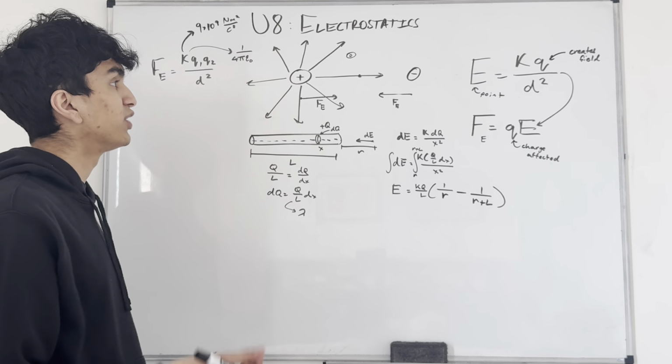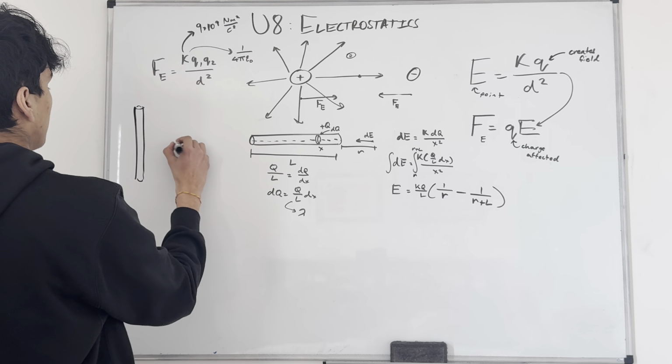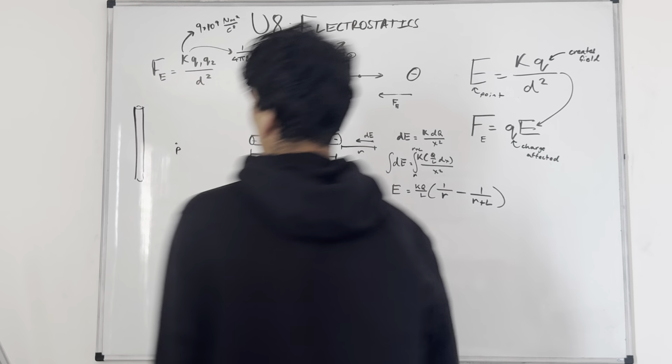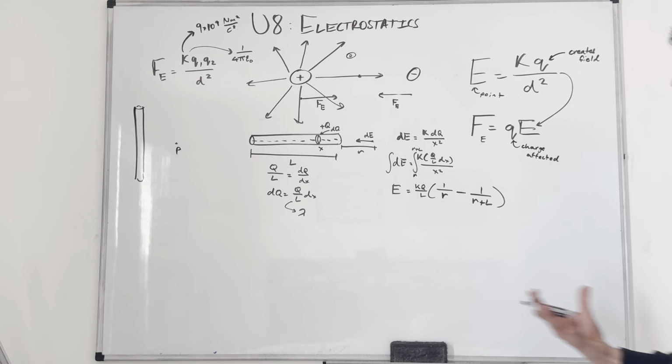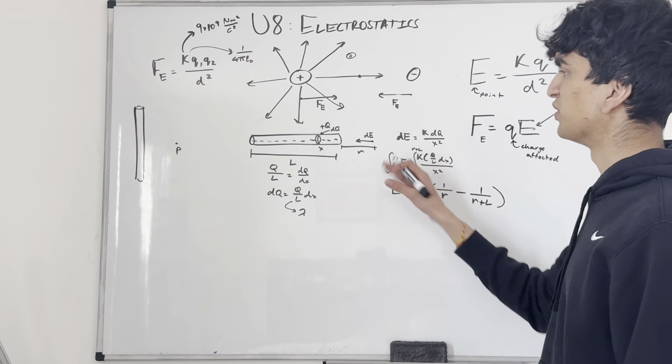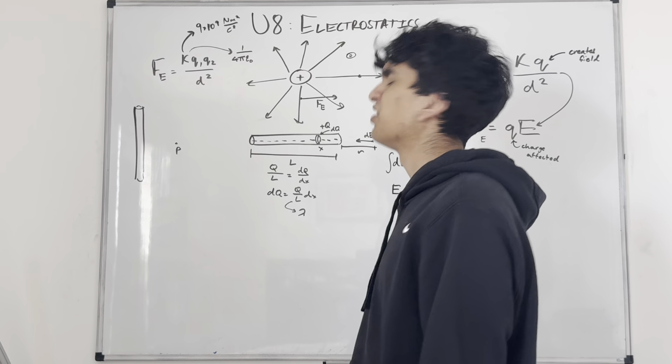Now, a more complicated example would be if I had a rod, how can I find the field at a point P away? Not to the side, but rather, you can see the picture.